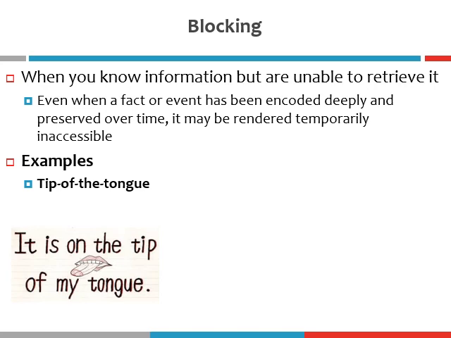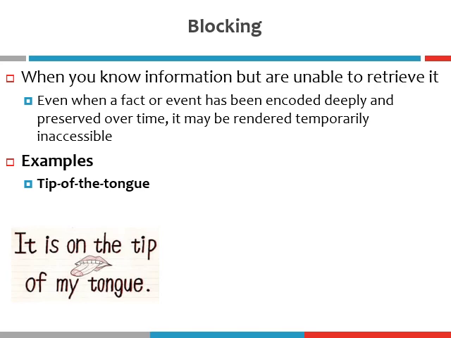Right? So a tip of the tongue state basically occurs when you try to think of something, okay, and you might even have some ideas as to what the information might be, right? So for example, suppose I'm trying to remember the capital of Florida, right?